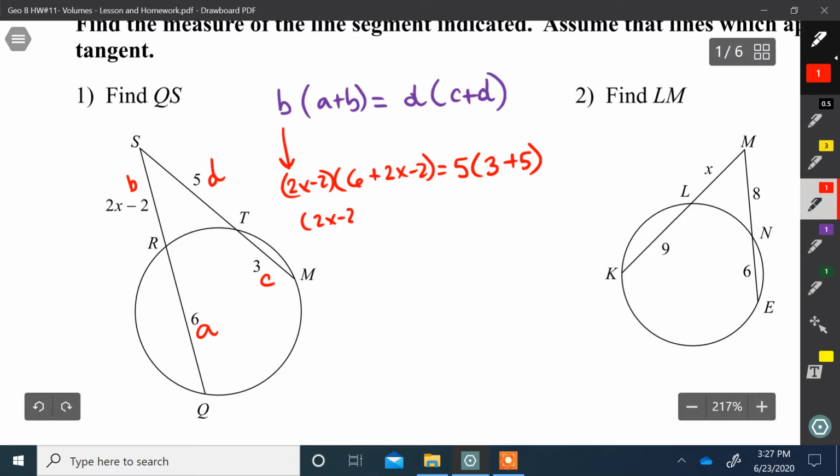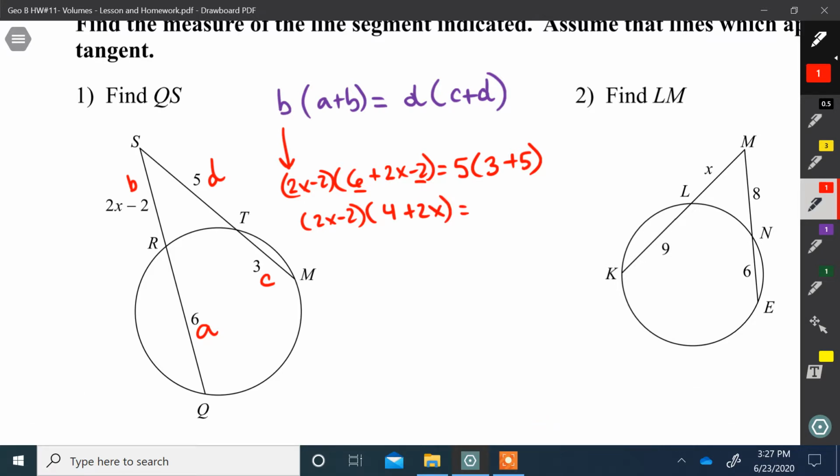Let's keep going. We have this 6 plus this negative 2, that will be 4 plus 2x. 3 plus 5 is 8, 8 times 5 is 40. Let me multiply those out.